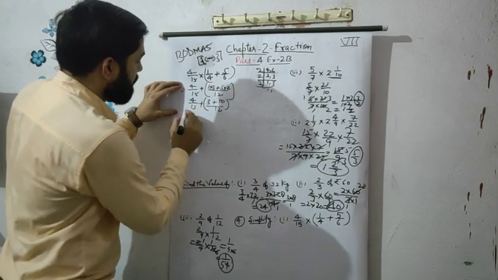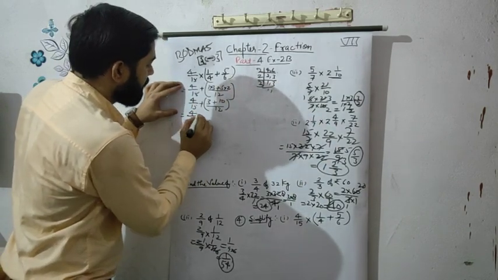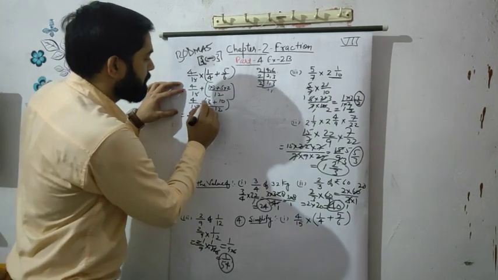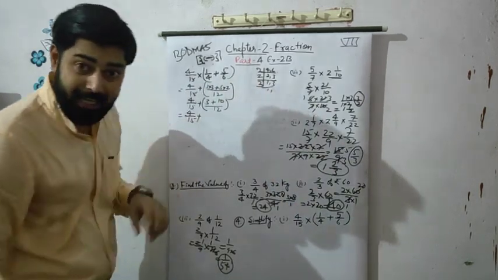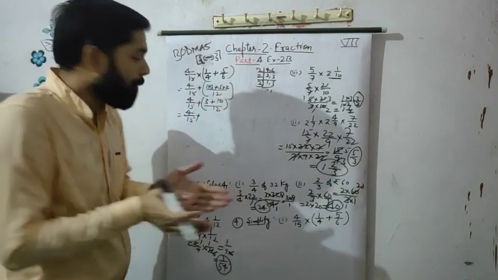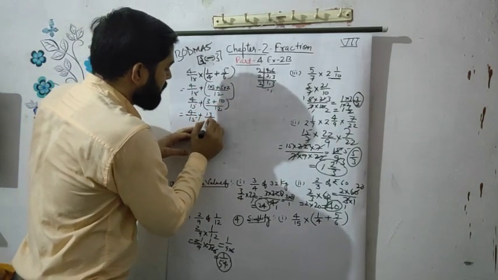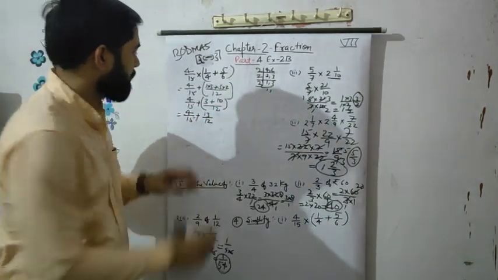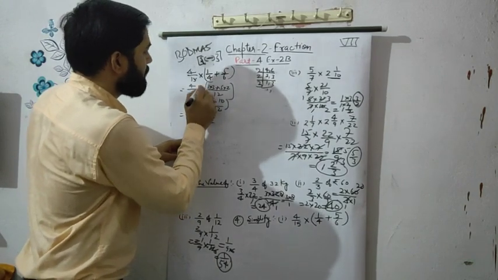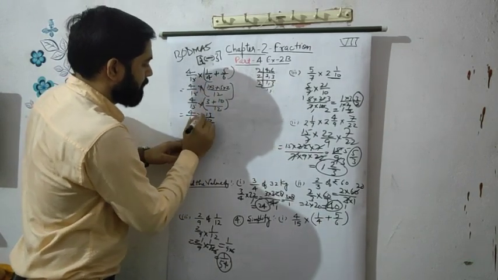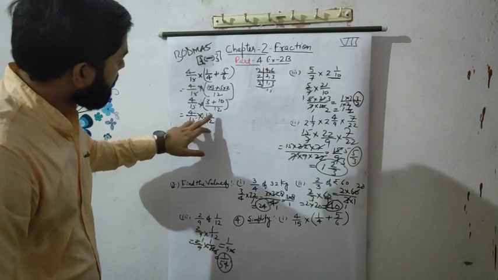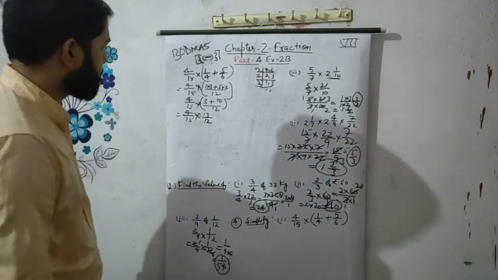Then 3 plus 10 is 13, and the bracket is now open. So 13 upon 12. Sorry, here is the multiplication. 4 upon 15 multiplied by 13 upon 12.